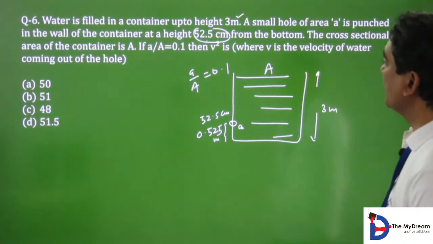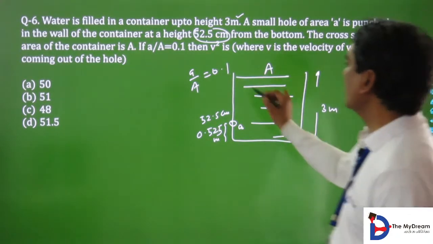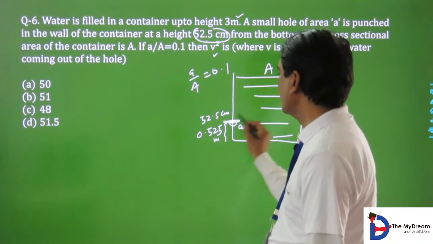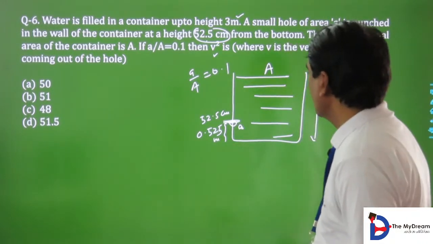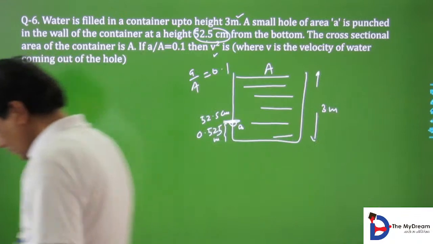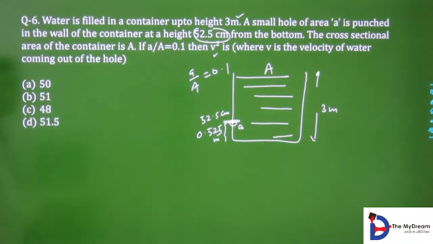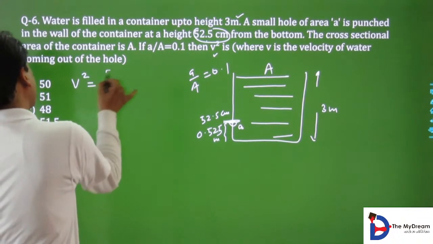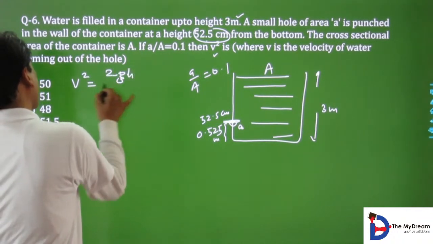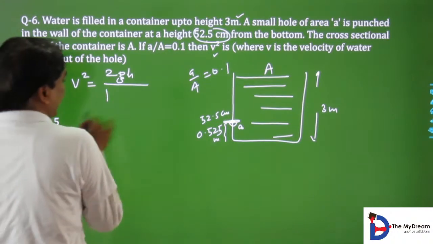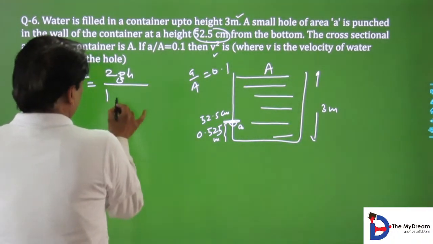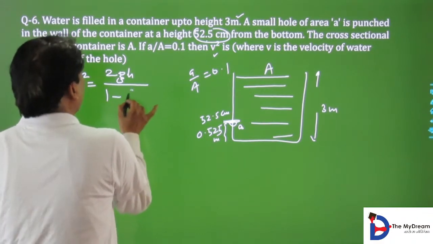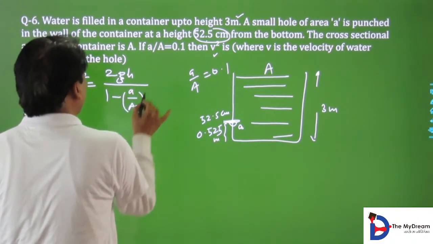Then square of v, you want to know the velocity at this level. So v square is equal to 2gh divided by 1 minus a upon A whole square.